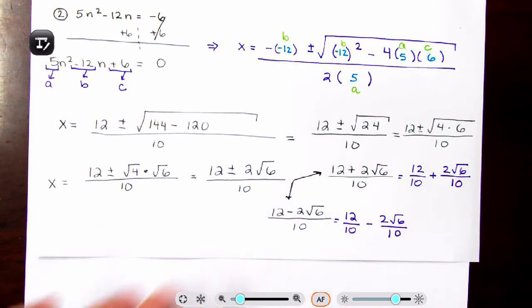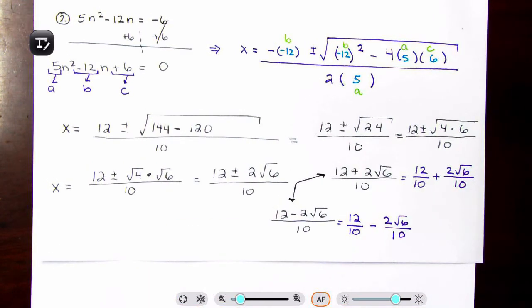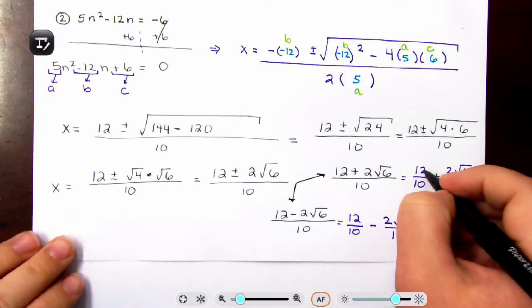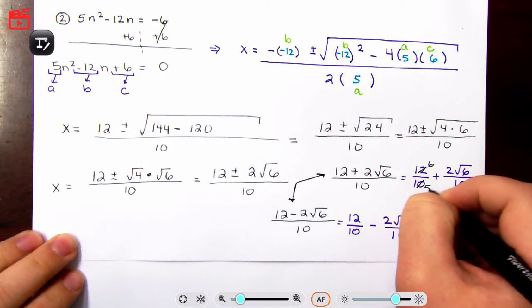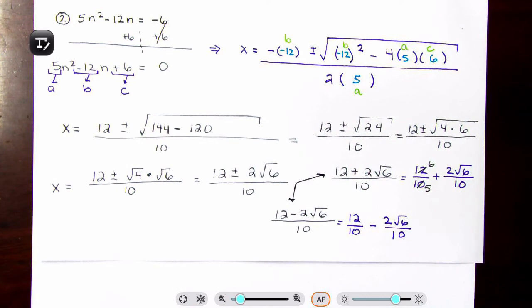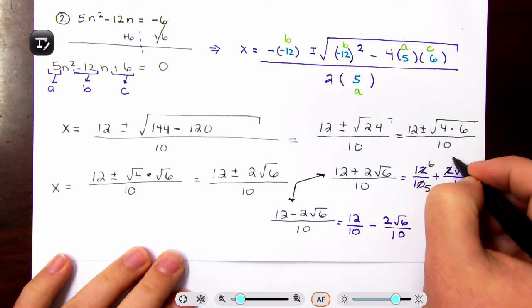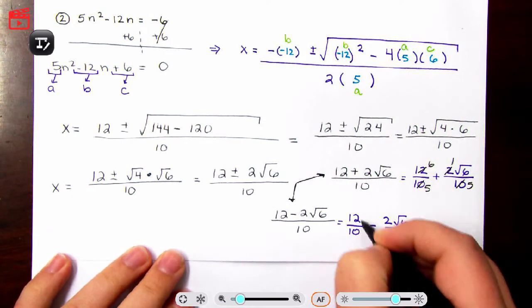And the reason we do that is because maybe there is something that can be simplified. We just can't simplify it in the way that it looks right now, so we change the way it looks. Still equals the same thing, it just looks different. So now I have 12 divided by 10, and that can be simplified to 6/5. And then 2 divided by 10 can be simplified to 1/5.